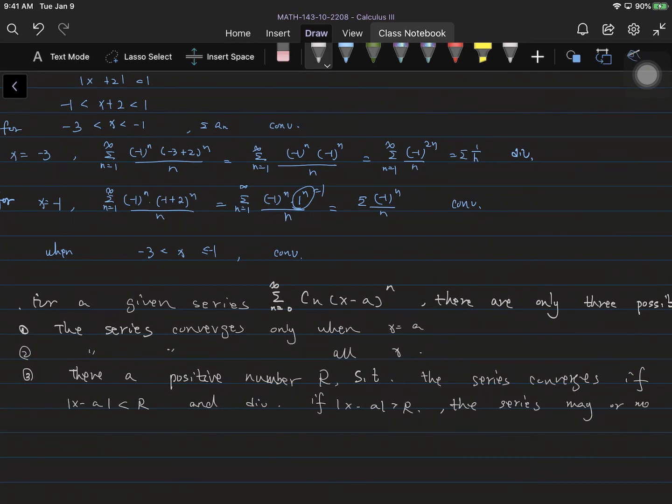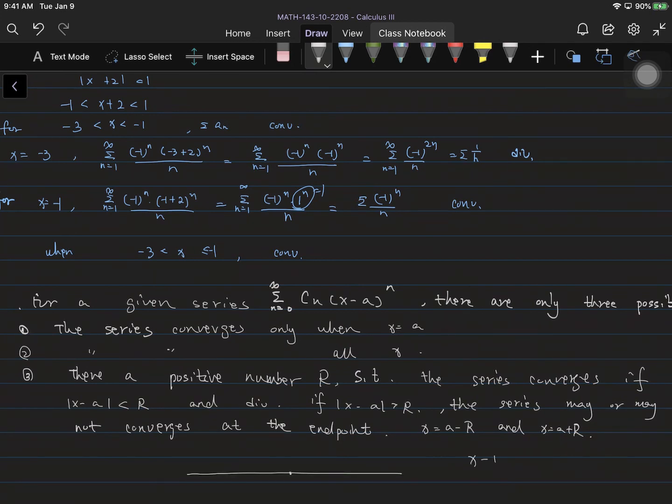May or may not converge at the endpoints. So what are the endpoints? They are x equals a minus r and x equals a plus r. So it's kind of like we have an interval.